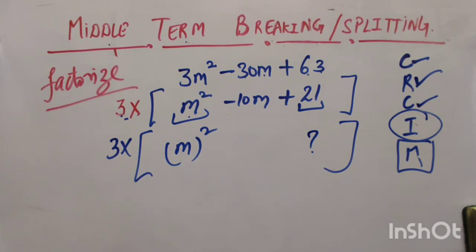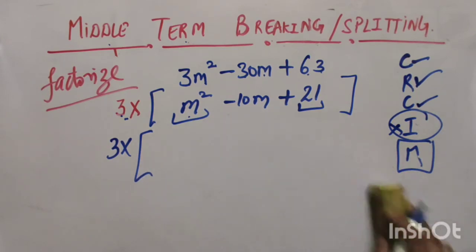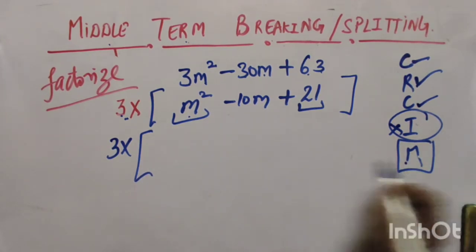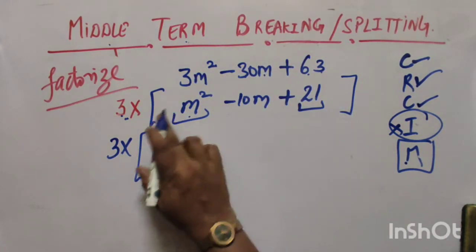No, there is no natural number whose square is 21. So here identity is also not going to work out. Now we are left with the last step, that is M, which means middle term breaking or middle term splitting.